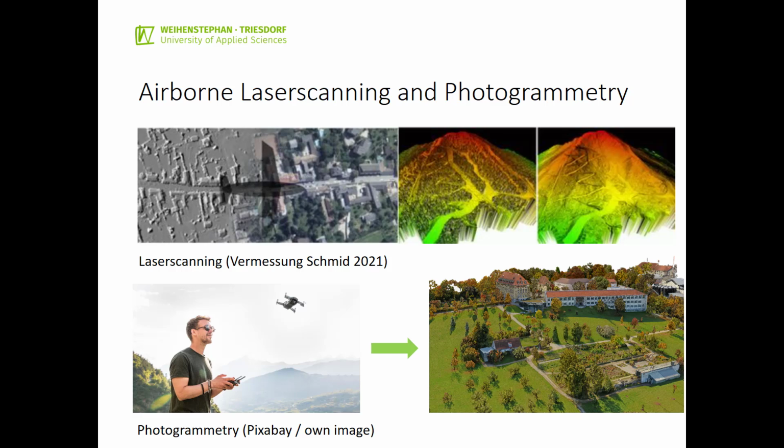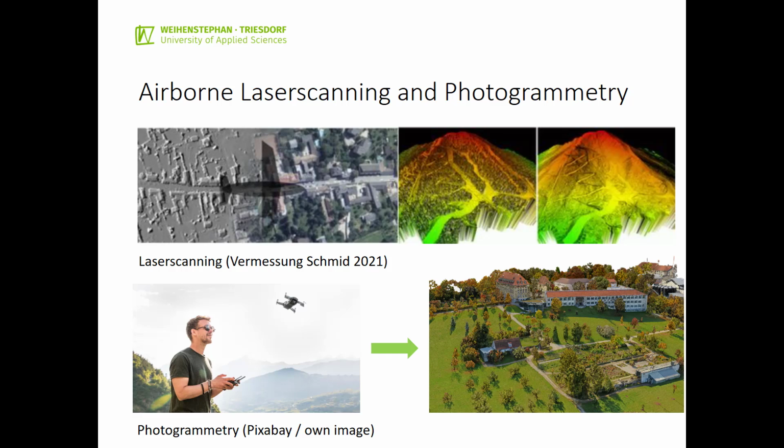The other way, even simpler and cheaper, is through photogrammetry. If you have multiple photos, for example from a video, you can derive the relative position of identical points in these different photos.